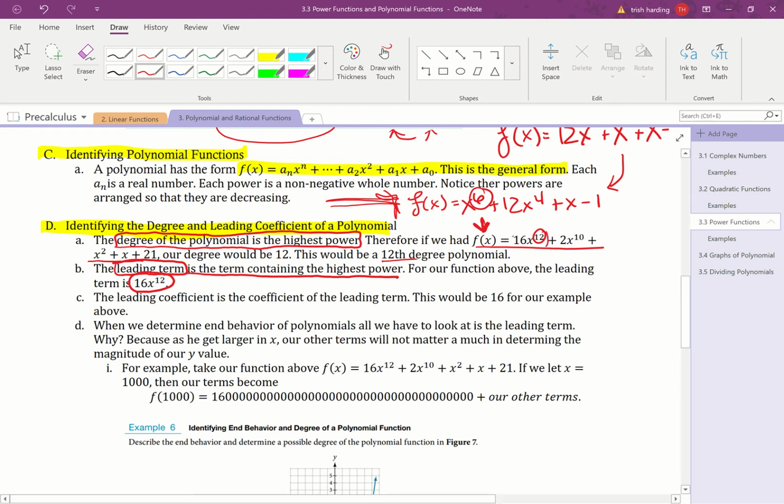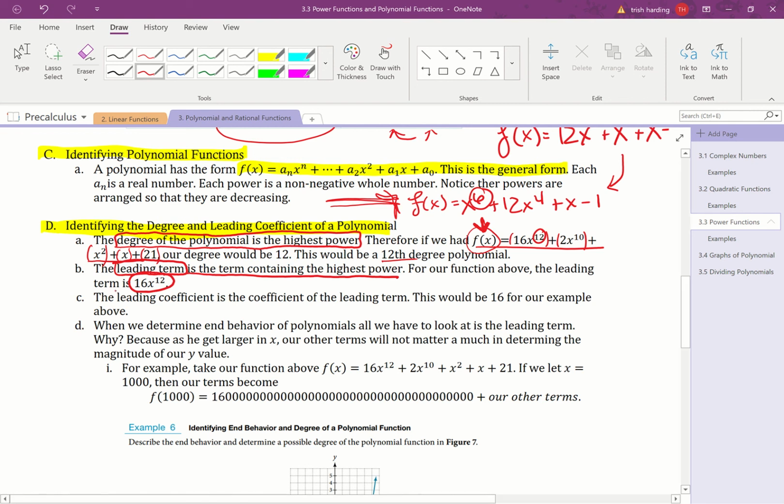A term will be separated by some type of basic algebra. Each one of these is a term. Like this polynomial that we have here is 1, 2, 3, 4, 5, 5 terms. The leading term is the one with the highest power. That's why it's really preferential that you write them in the correct order of power.